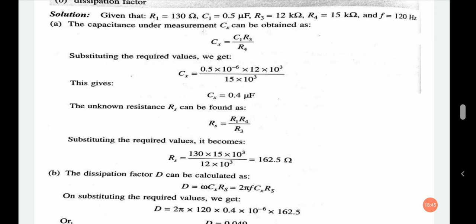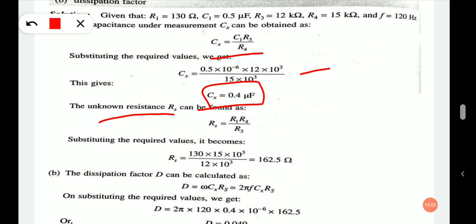So the capacitance under measurement can be obtained as Cx equals C1 R3 upon R4, and if we substitute the given values, we get Cx equals 0.4 microfarad. The unknown resistance Rs can be found as Rs equals R1 R4 upon R3. If we substitute the given values, we get Rs as 162.5 ohm.